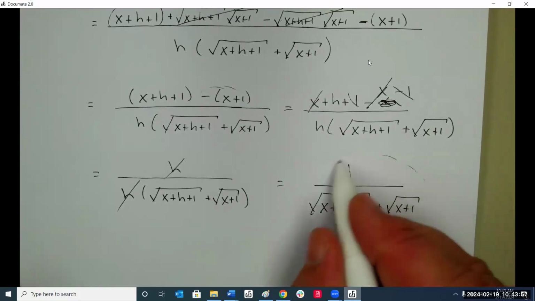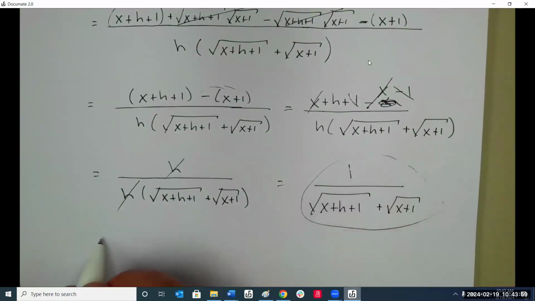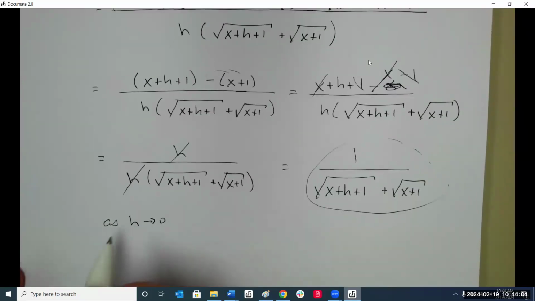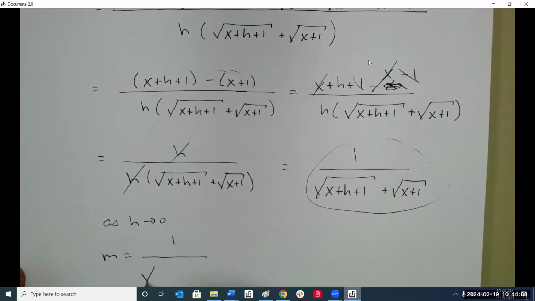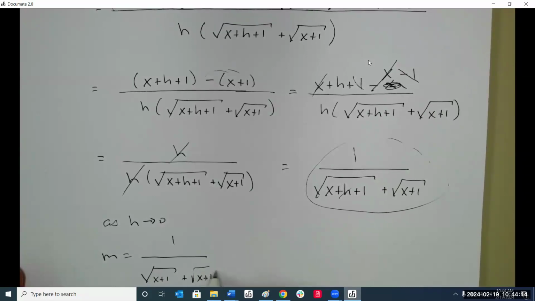And that's one of our solutions with h in there. Or as h goes to 0, our slope becomes 1. That goes away, so it's x plus 1 plus radical x plus 1 equals 1 over 2 radical x plus 1.